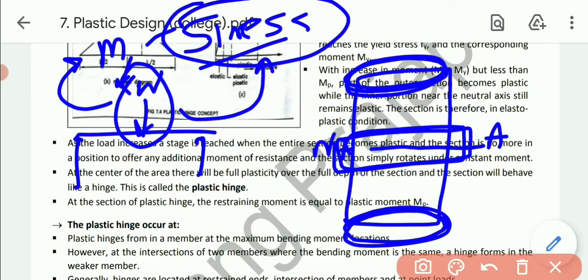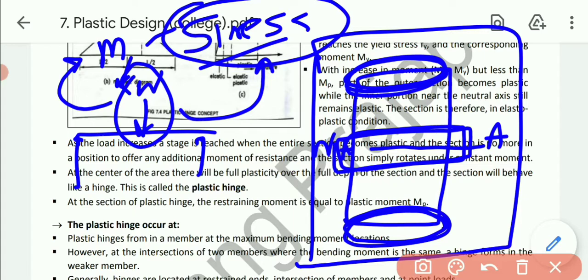This is called elastoplastic. But if we keep on increasing the load as well as the moment, or alternatively the stress, ultimately the whole section will become completely plastic and it will keep on rotating about just one point.